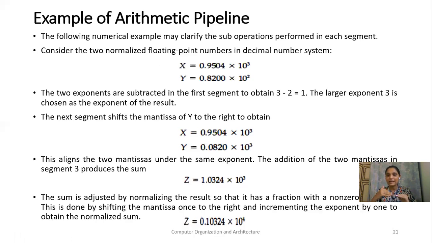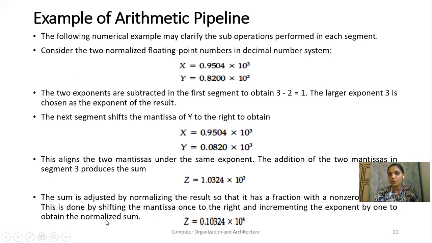Generally, we take the larger exponent as our result's exponent, and the other Mantissa is shifted right according to the requirement. Thirdly, we do the addition or subtraction of the Mantissa terms, and fourth, we do the normalization of your result, so that your result is in a normalized form.